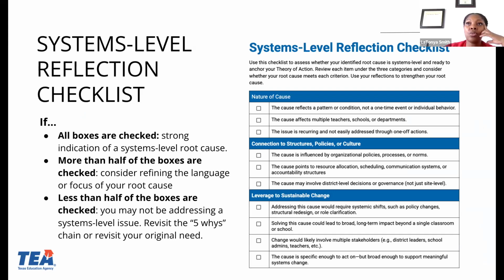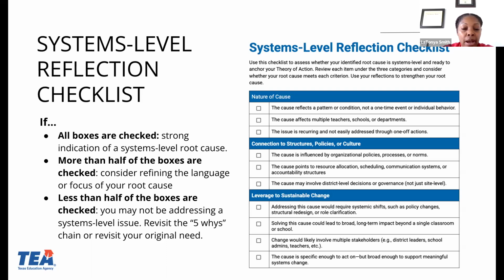You're going to go into your breakout rooms, where you'll spend about 7 minutes looking at this checklist. If all boxes are checked, you have a strong indication of a systems level root cause, thinking specifically about your root cause.